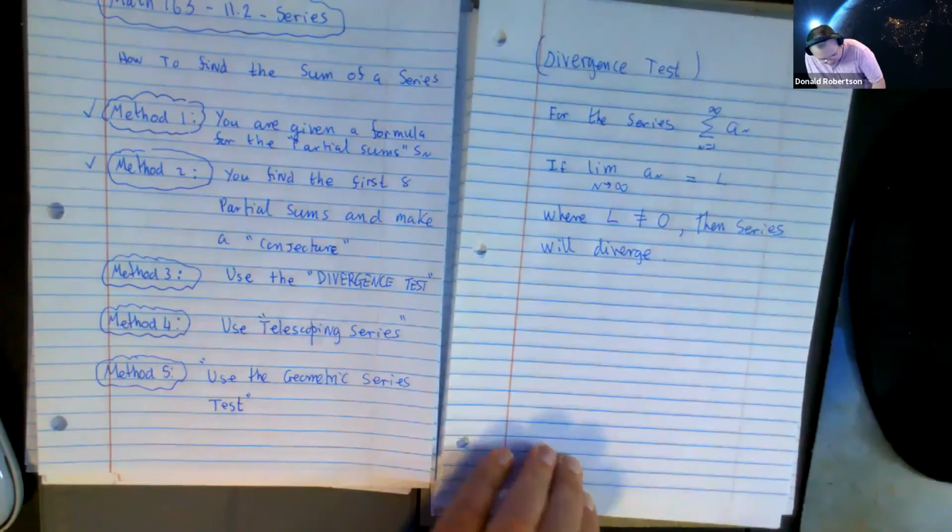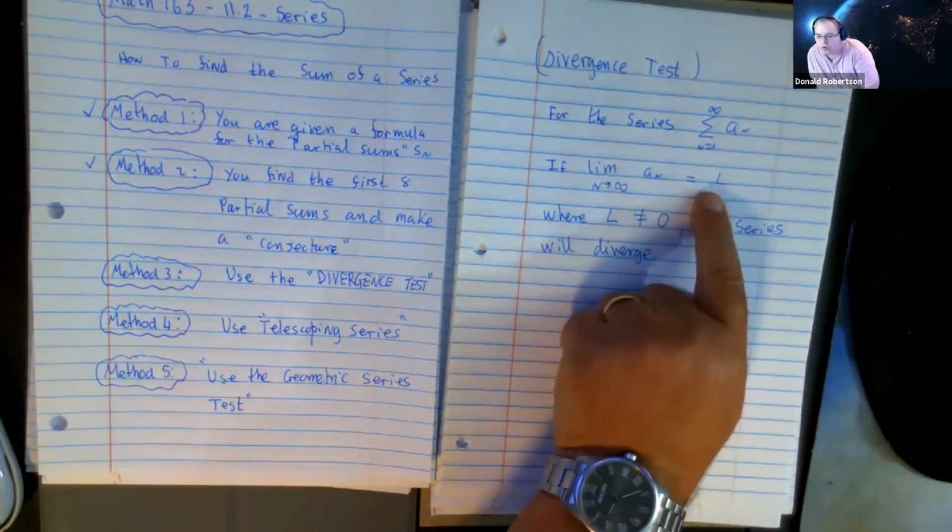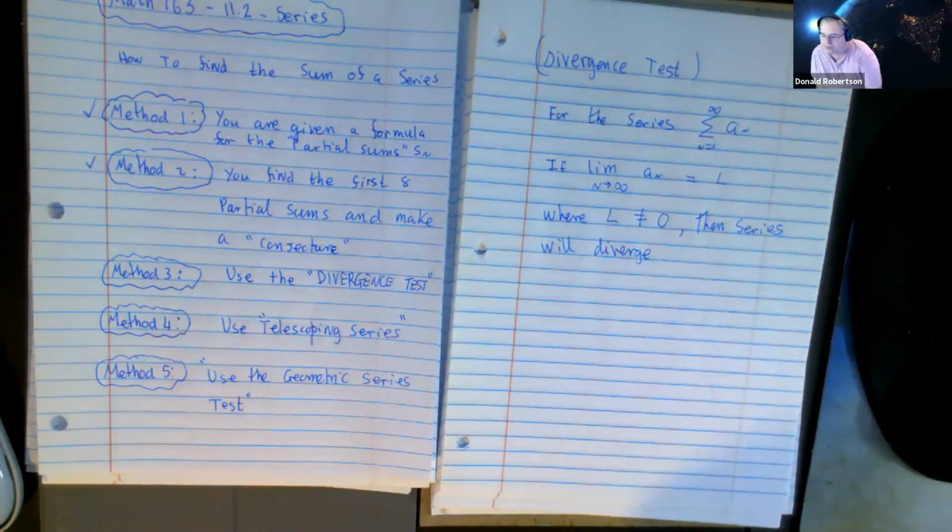So if you have a series made up of terms and the terms themselves have a limit that's not 0, then the series will diverge.